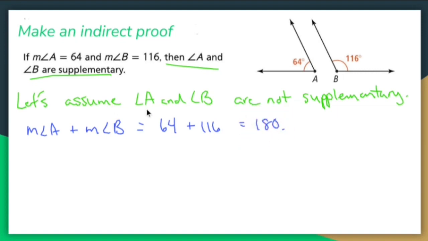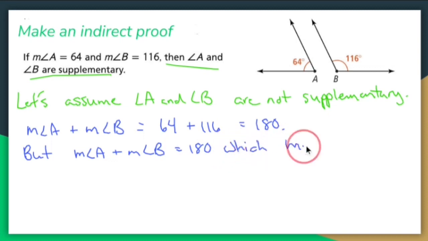So we're assuming that the measures of angle A and B are not supplementary, but the measure of angle A plus the measure of angle B add up to 180, which means they are supplementary.